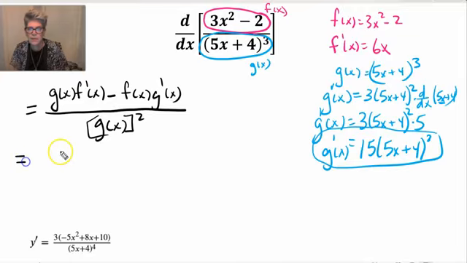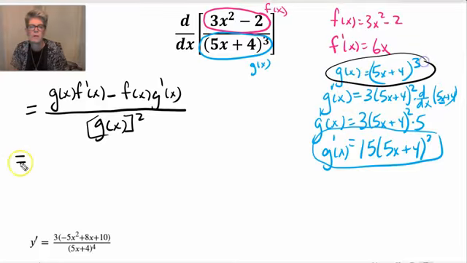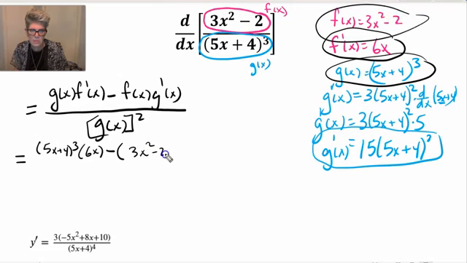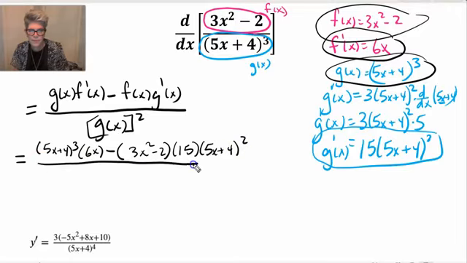Okay, so put it down here. g of x times f prime of x minus f of x, which is up here, times g prime of x, all over g of x squared.